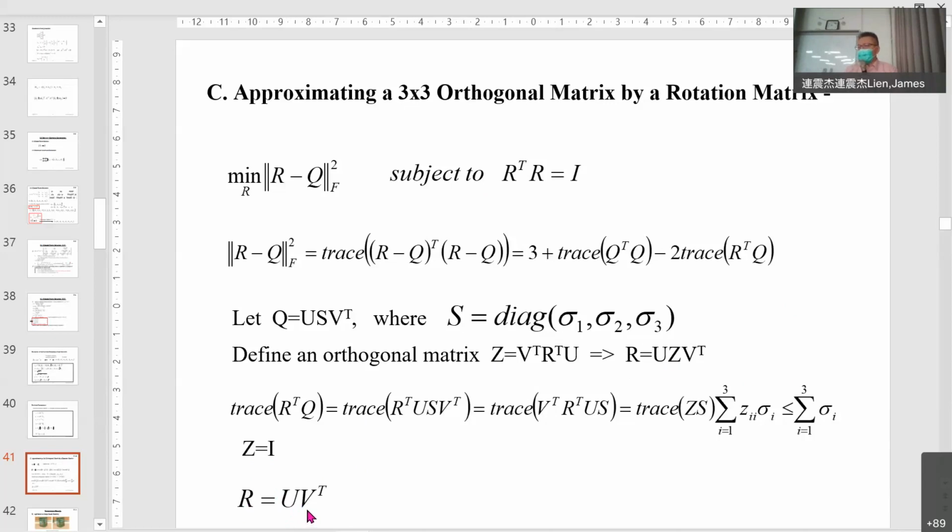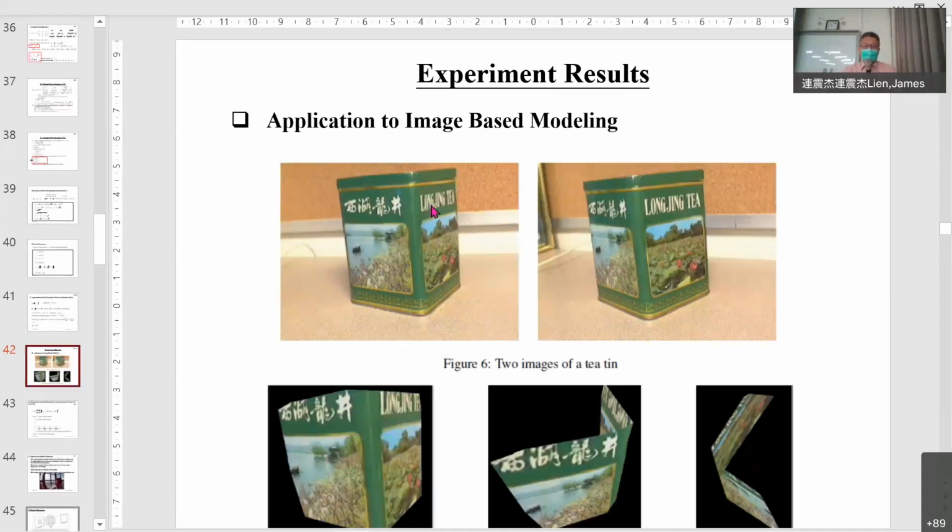V is also orthonormal. So this rotation matrix is orthonormal. When both orthonormal matrices are multiplied together, your R1 and R2 will be orthonormal. The explanation of this solution is not easy, but briefly: after you do SVD on R1 and R2, you replace Z with I, the identity, where every direction has the same unit, forcing Z to become identity. Then you directly multiply U times V, because U and V are both orthonormal matrices, so R1 and R2 become perpendicular. This is the reconstruction solution. If you don't do that, this won't be 90 degrees.